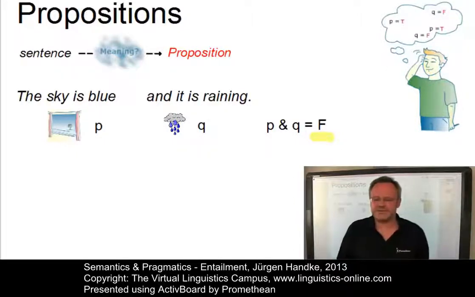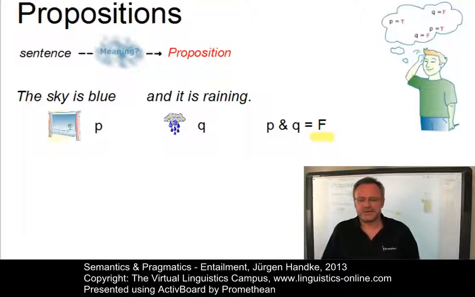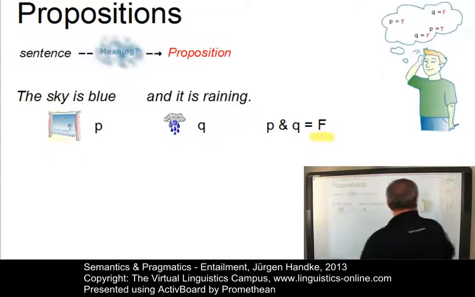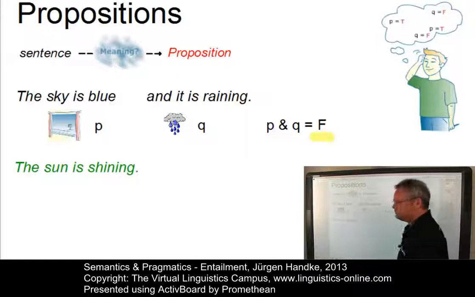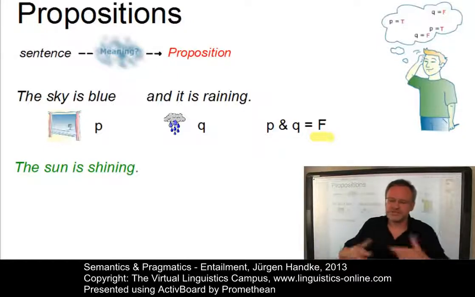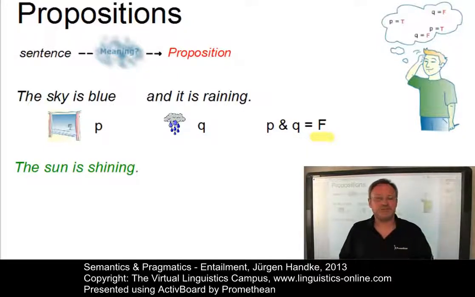The interesting thing is that we can now draw logical inferences from the single propositions which are true. Assuming that the sky is blue, one such inference is that the sun is shining.